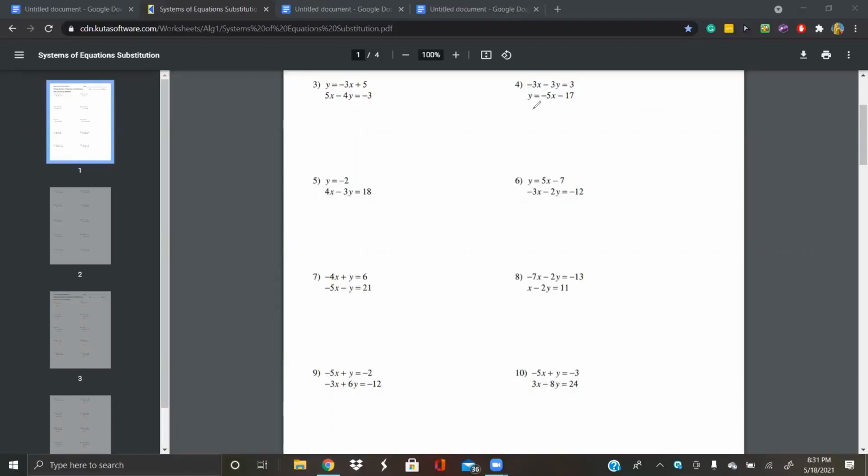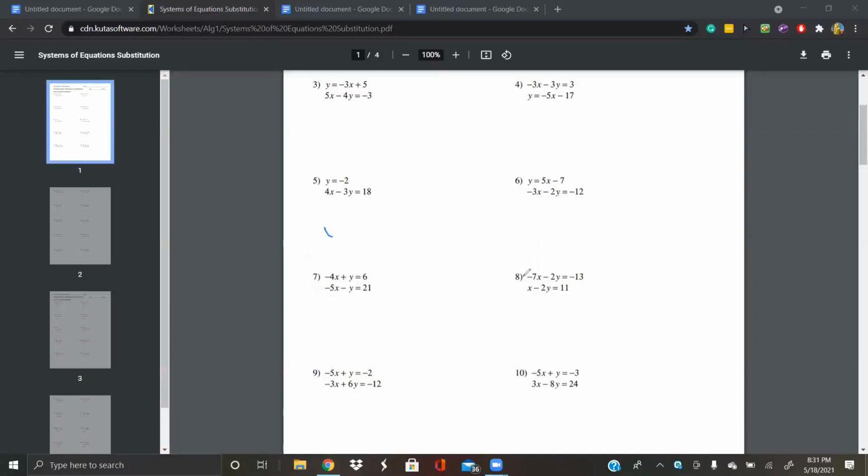What we're going to do first, since these are both in standard form, is convert one into slope intercept form. Let's do this one. We're going to add 4x on both sides first.